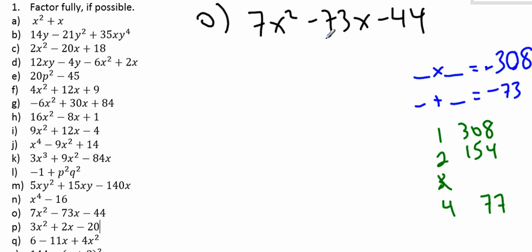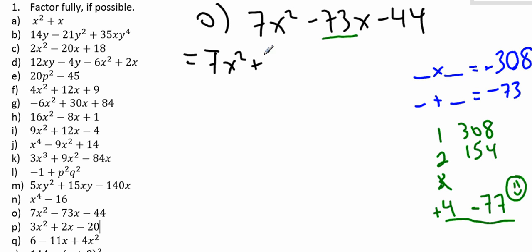Before I go any further, if I made this negative and this positive, would I get negative 73? Yes, I would. So I'm not going to go any further. Yay. So decompose that middle term into positive 4x, negative 77x.